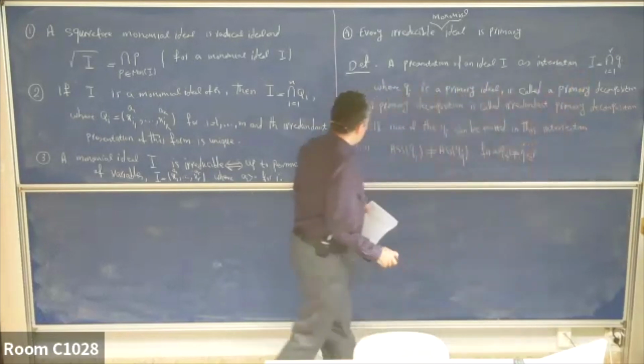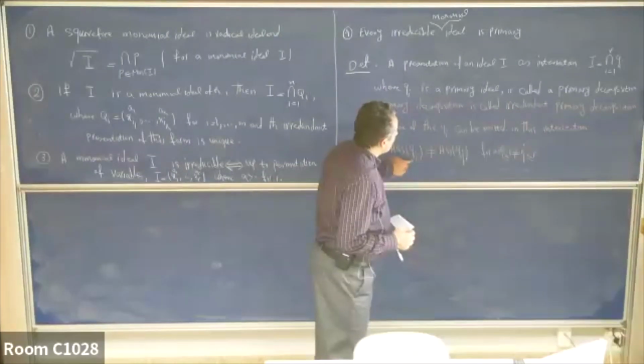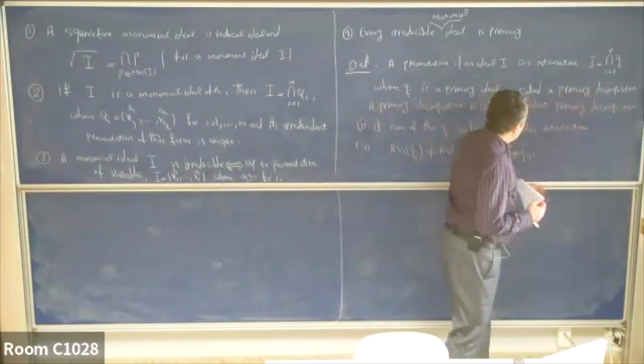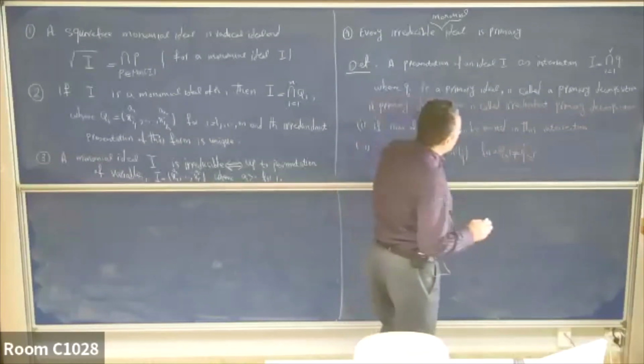These are the two conditions. One question, just to understand condition 1: it means precisely, as far as I understand, that Q_i is not contained in the intersection of the remaining ones. Yes. Otherwise you can omit it for the primary decomposition; we will see examples.